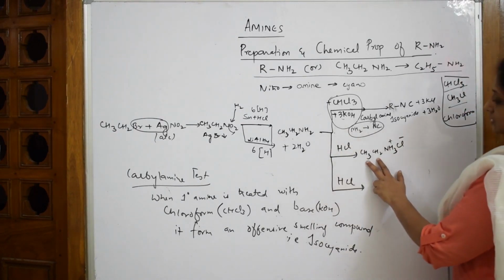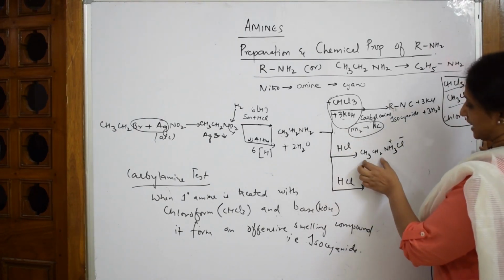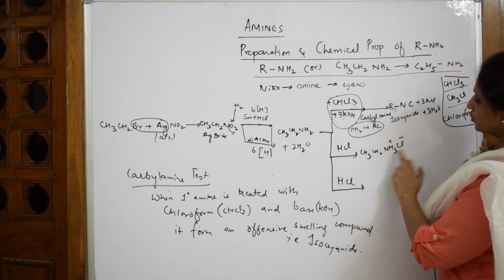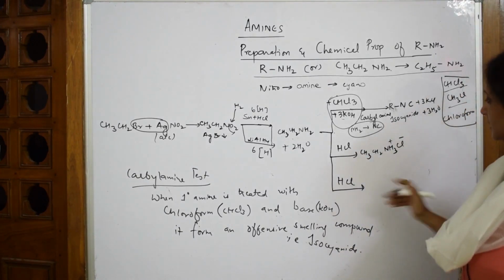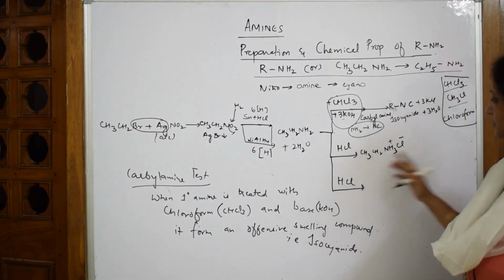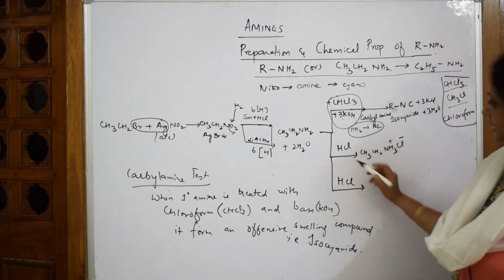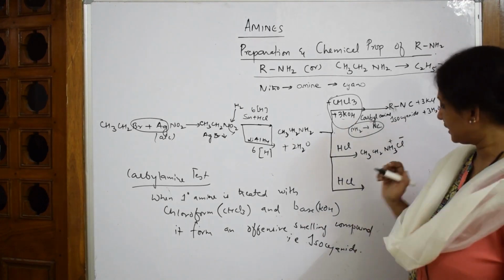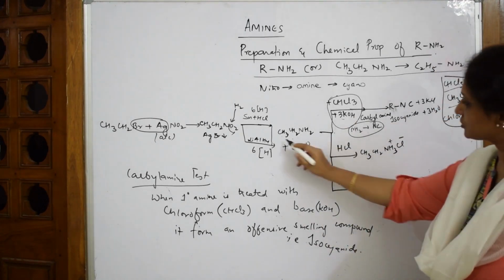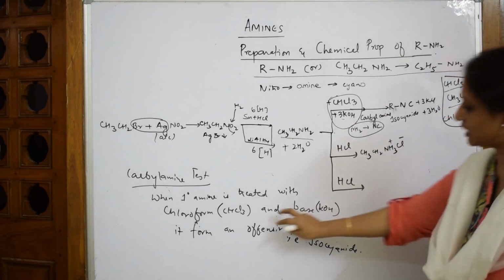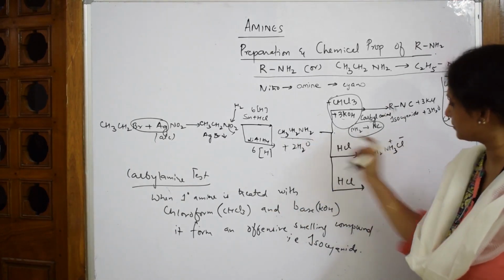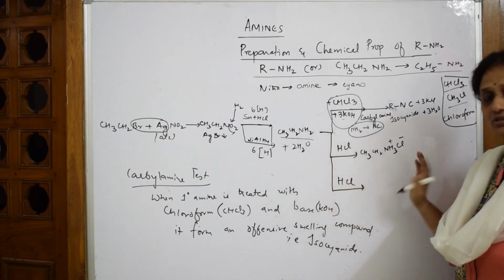What is this compound? You have two carbons, so ethyl ammonium chloride. This is the primary amine salt done.